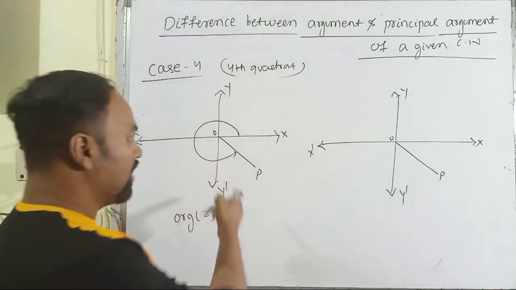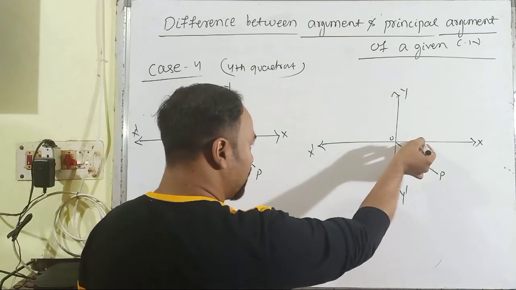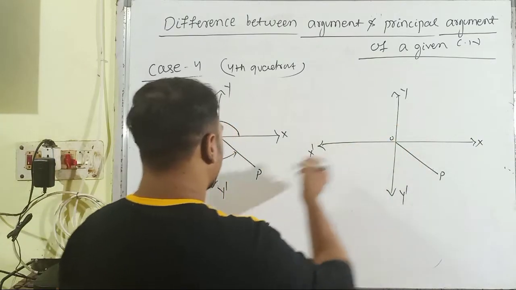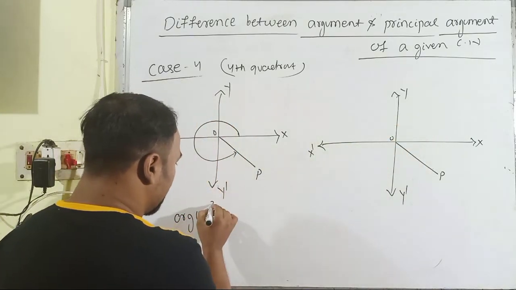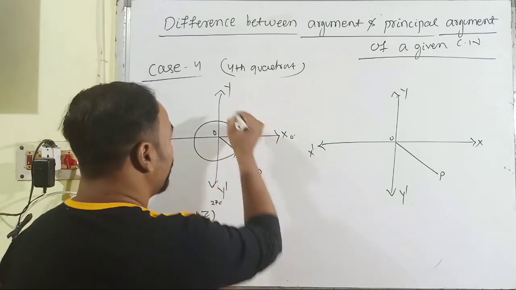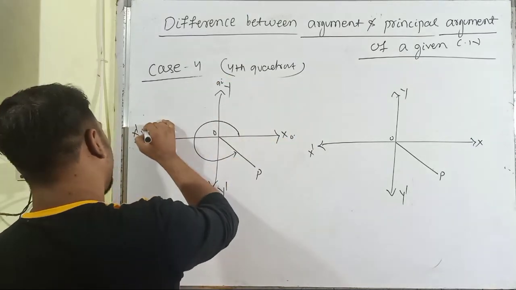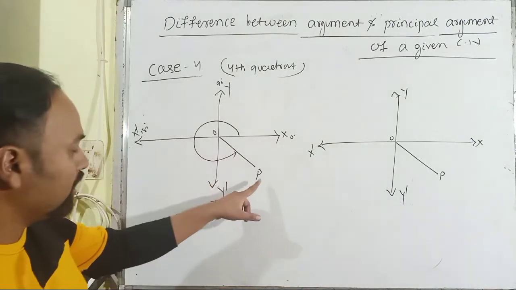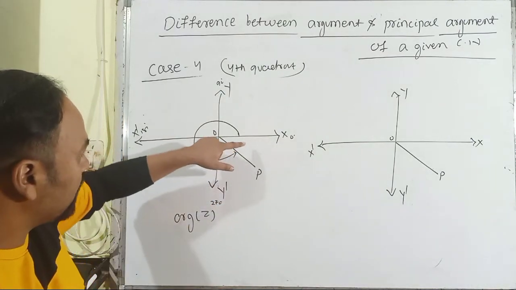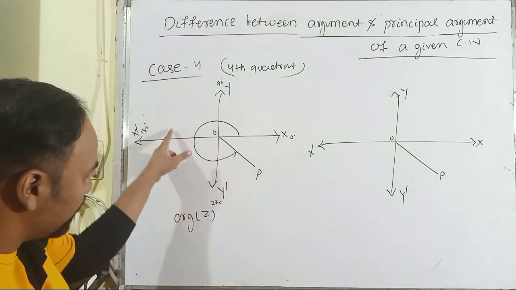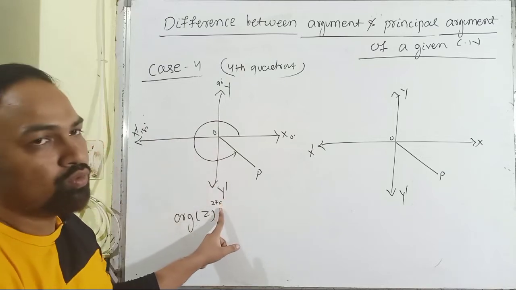But whenever we measure this angle in anti-clockwise direction, it is greater than 270 degrees, because this is 0 degrees, this is 90 degrees, this is 180 degrees, and this is 270 degrees. As it lies in the fourth quadrant, the anti-clockwise angle must be greater than 270 degrees.